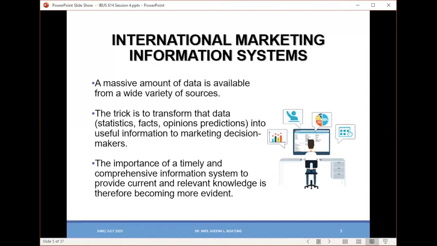And that is why we need a good international marketing information system, because as global marketers, we need to have timely information regarding the various markets that we operate in or that we hope to operate in in order to make good decisions and formulate appropriate strategies to take advantage of the opportunities that we find so that we can benefit from them in good time.